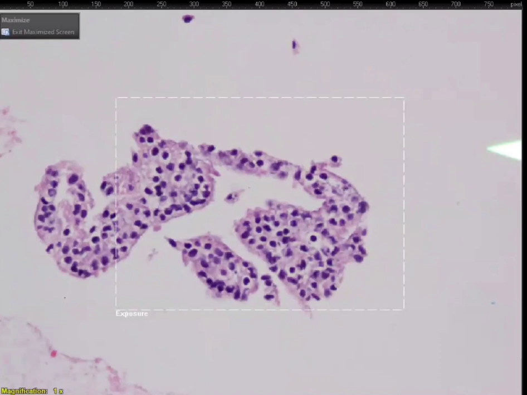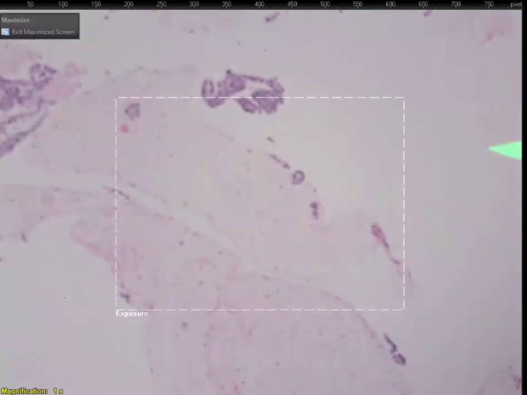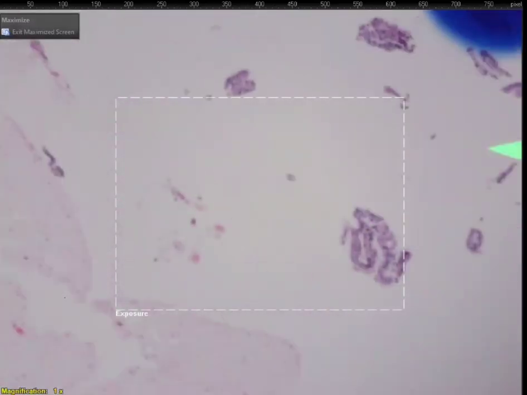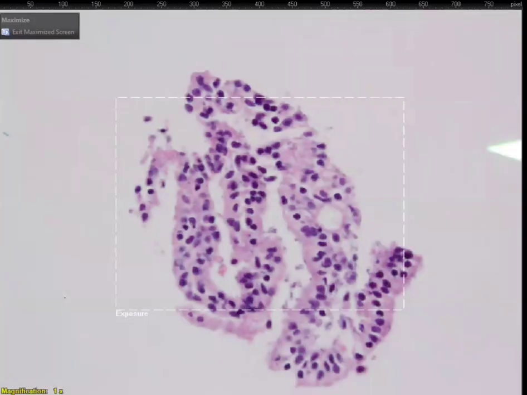I was thinking, could it be a neuroendocrine? But they are very papillary, aren't they? This is quite papillae-like and low columnar-like. Are they clear cells as well? Because it has a sense of clear cells as well.